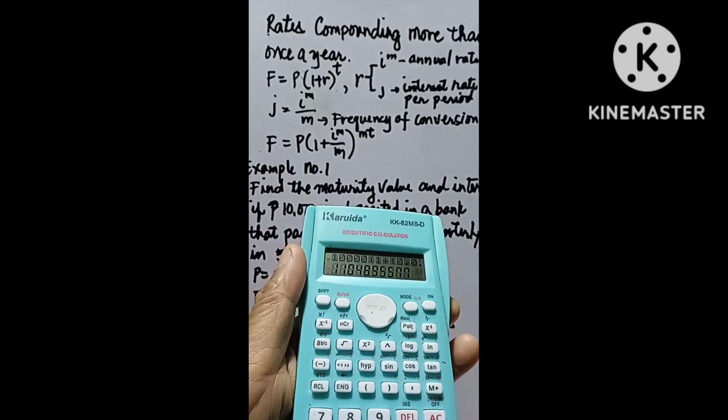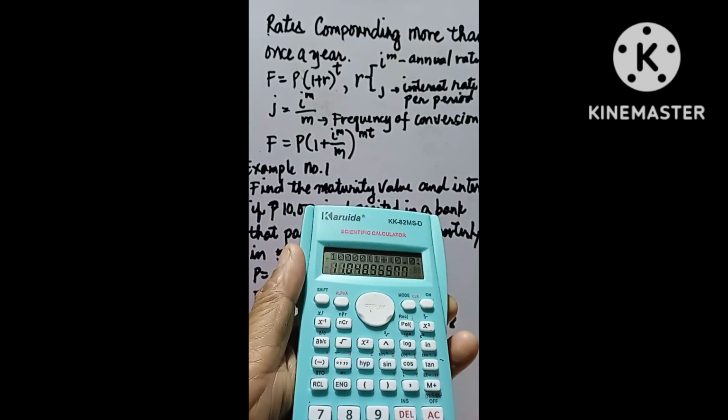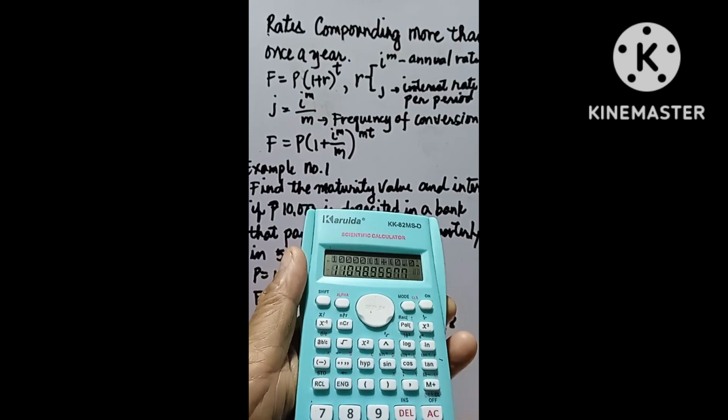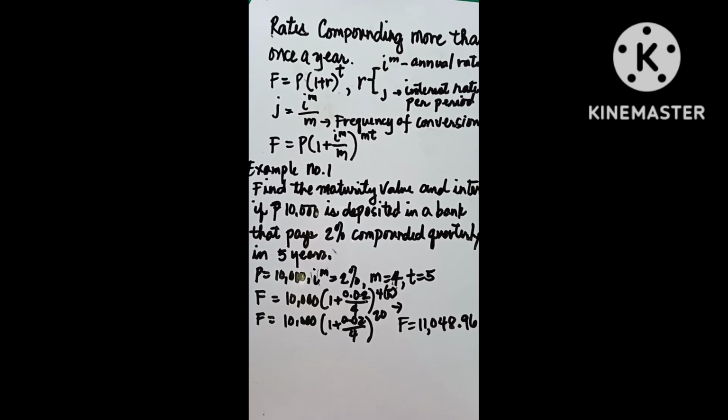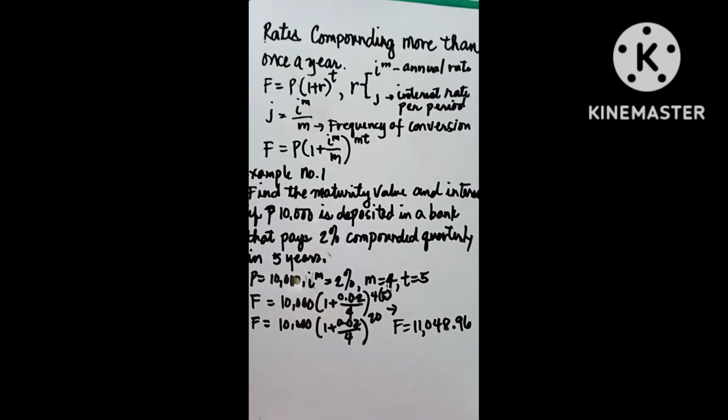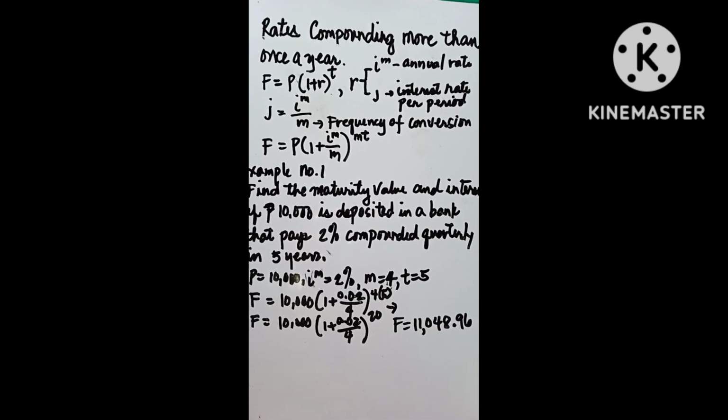Rounding it up to the hundredths digit, that is 0.96. Okay. So that is how to get the maturity value of the rates compounding more than once a year.